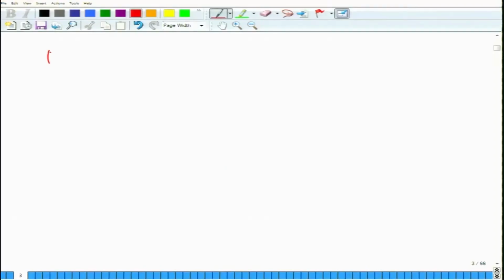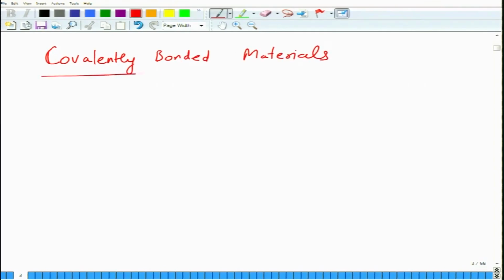So now we will look at the case of what we call covalently bonded materials. And this is again an important class of materials, because there are a lot of materials which are covalently bonded.